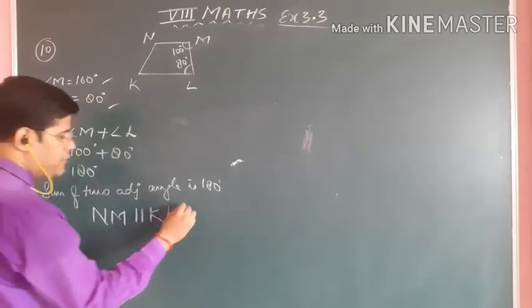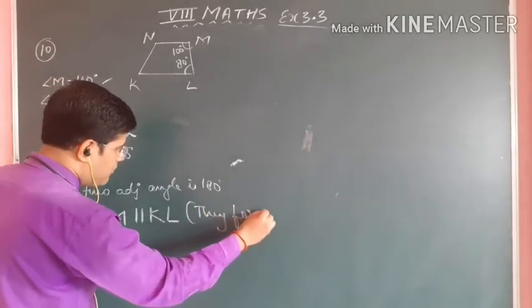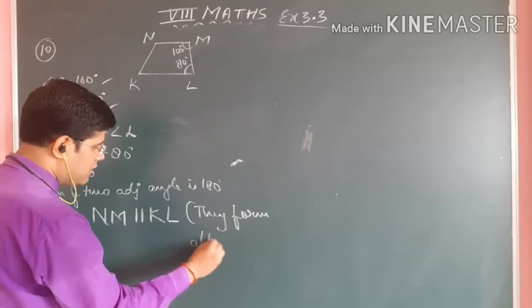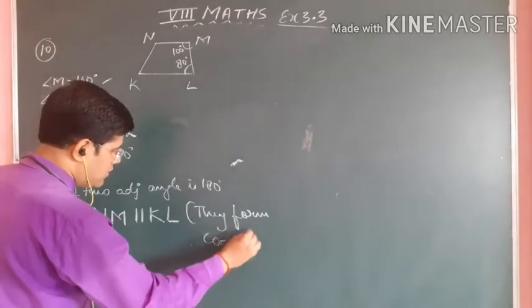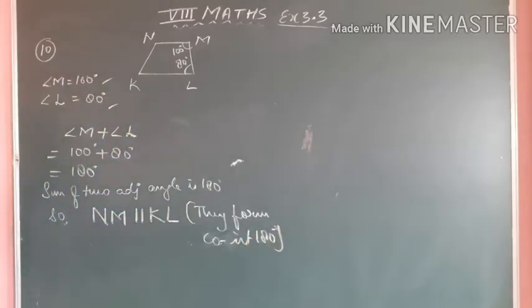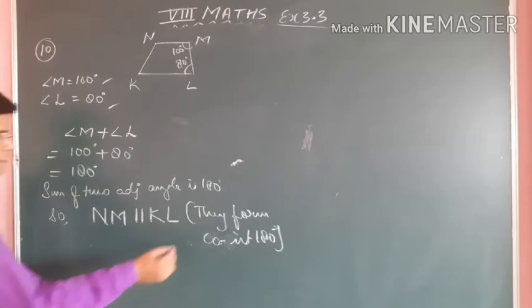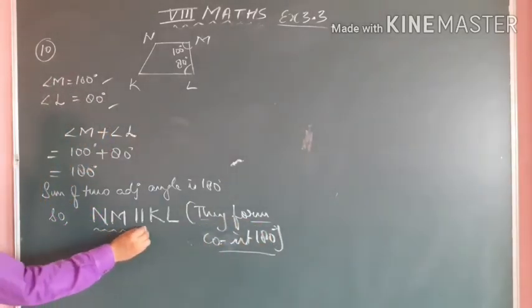By which property? Because they form co-interior angles of 180. If two angles form 180, then it is named the co-interior property. So they form co-interior 180. So these are the parallel lines.